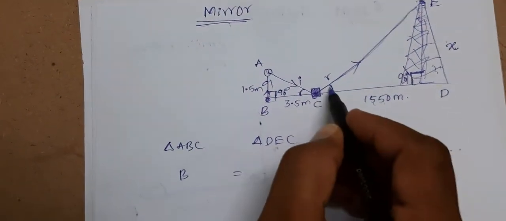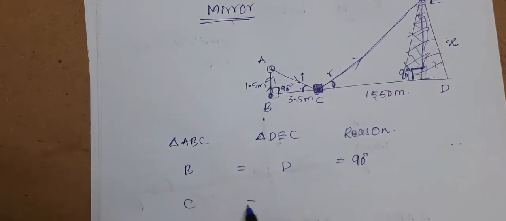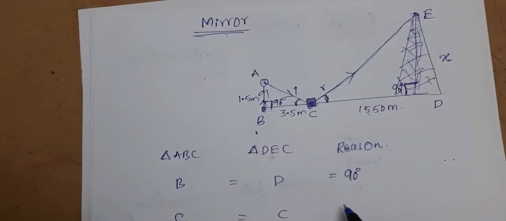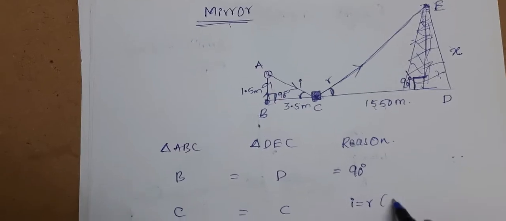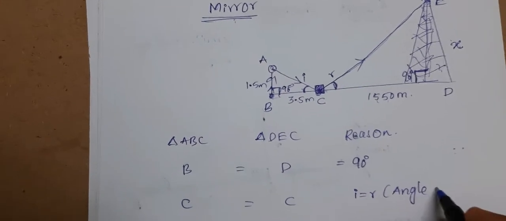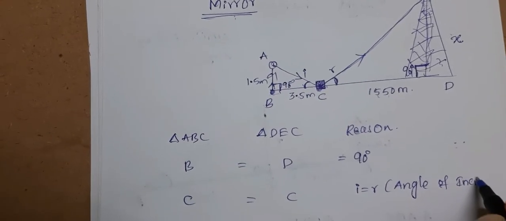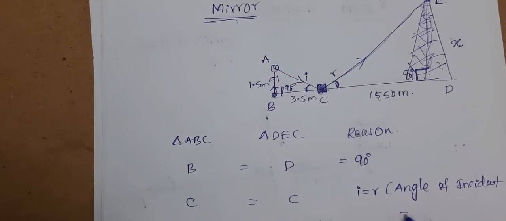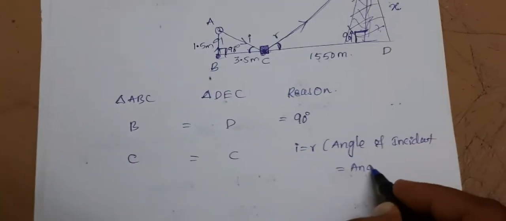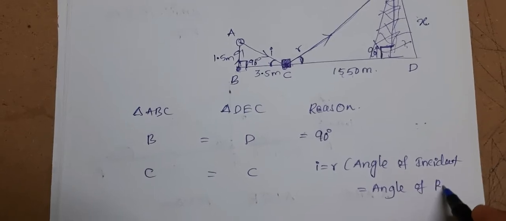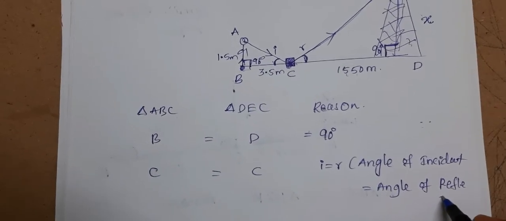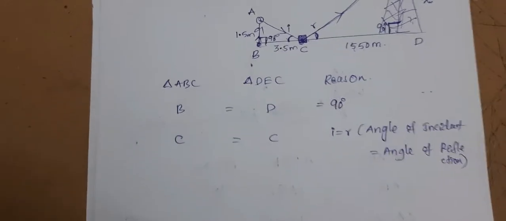And angle C equals angle C, reason: I equals R, or angle of incidence is equal to angle of reflection, right?